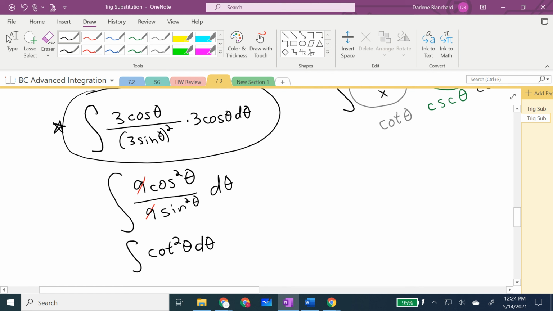And if you stick to a more minimalist memorization, then cotangent and tangent get to do the same basic thing. So think for a moment, if you saw tangent squared, what direction would you want to take?